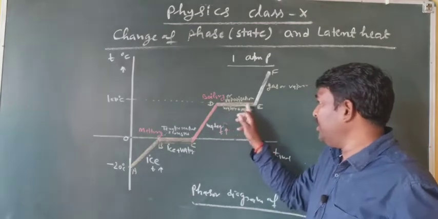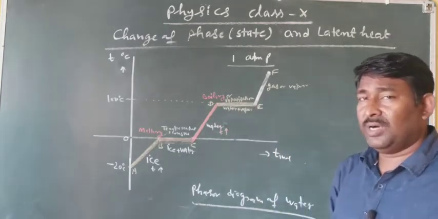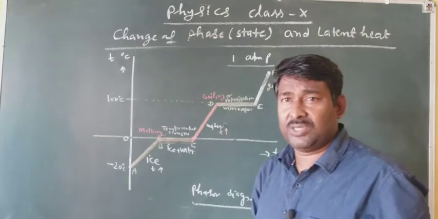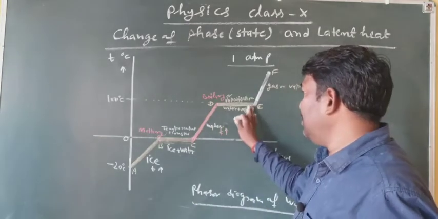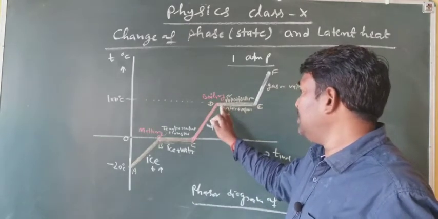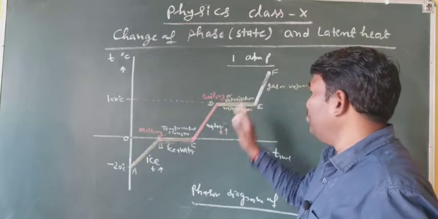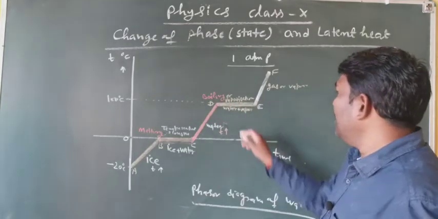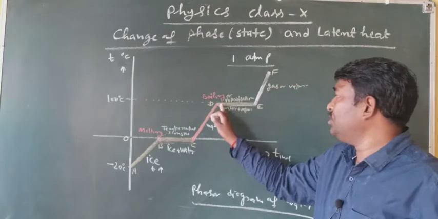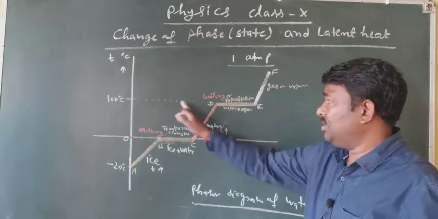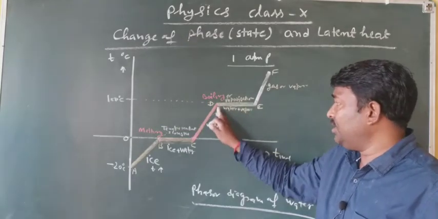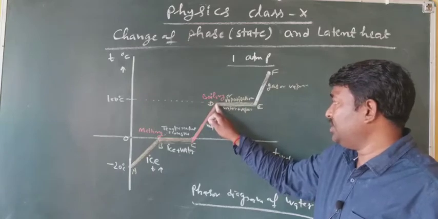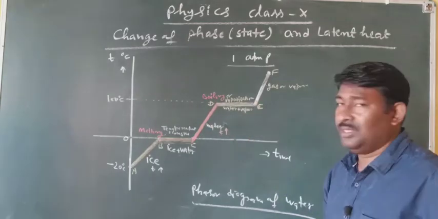During vaporization, the change of state from water to vapor, the temperature also remains constant. In the diagram it is quite clear; here it is shown by the step D to E.